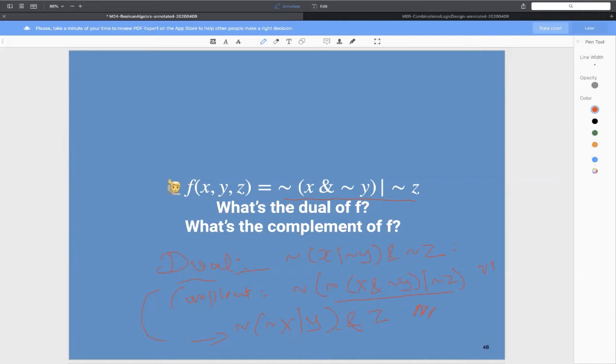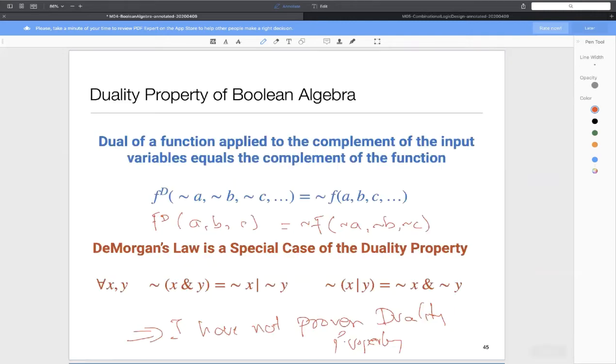I'm so confused. What are you trying to do there? Okay, I'm writing the complement two different ways. I can write the complement by literally just taking the complement of f. In the first case, all I did is take the expression for f and add a complement in front. In the other case, I made use of the property which says the complement of f is the dual function, and wherever I had a, b, and c, I replace it by not a, not b, not c.